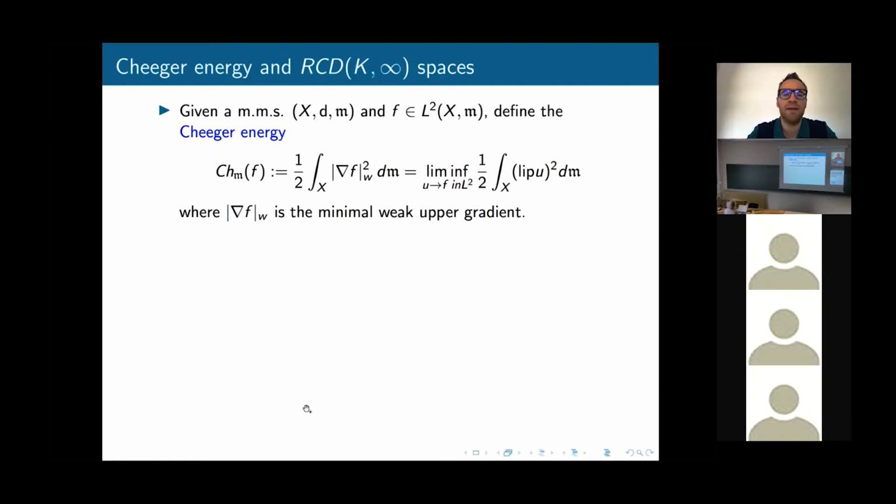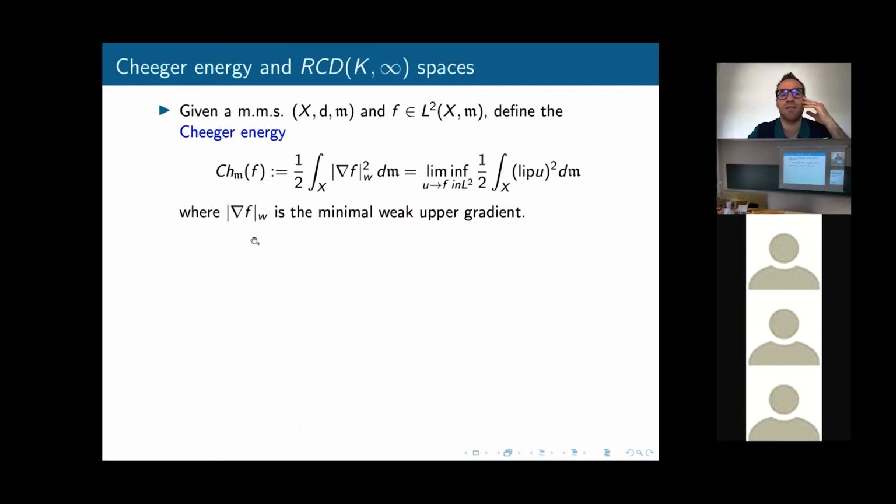And how to define it? Notice that defining the Dirichlet energy is not super clear in a metric setting, because the Dirichlet energy is the L2 norm squared of the gradient of a function. The gradient of a function is an element of the tangent space, and if the tangent space is not well defined, is not linear, etc., it is not immediate to define what is the gradient of a function.